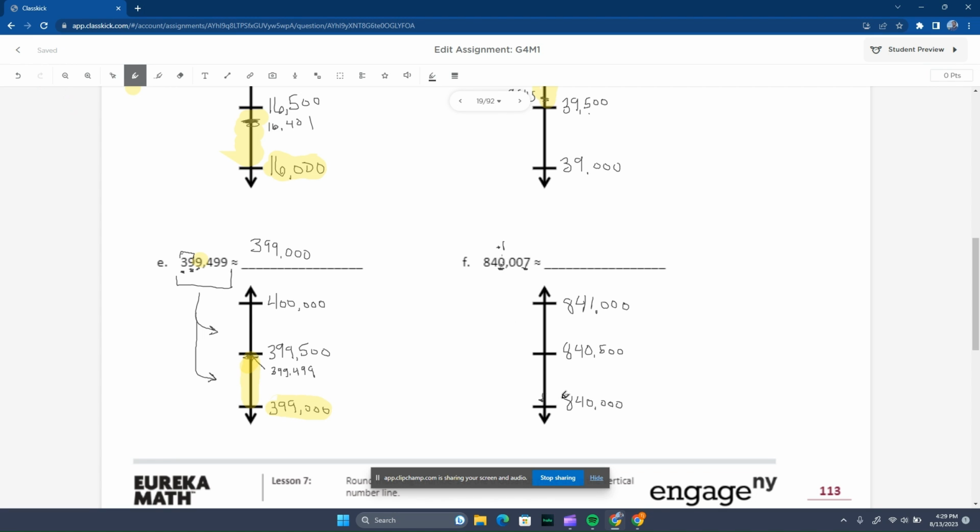In reality, it would be much closer, but 840,007 would be super close to this number. Again, we're in this bottom section, far below this halfway point. So since we are below that halfway point of 840,500, we would round down to 840,000.